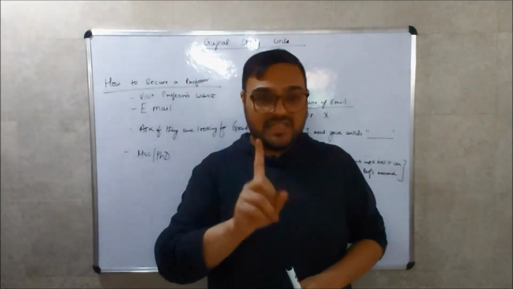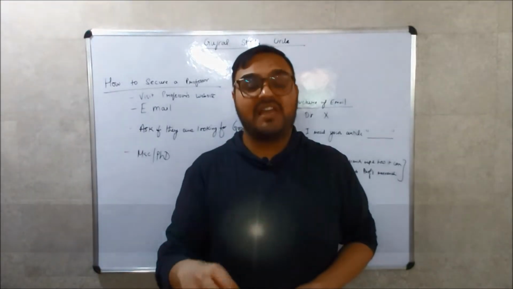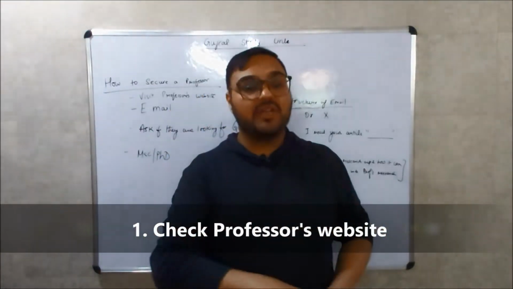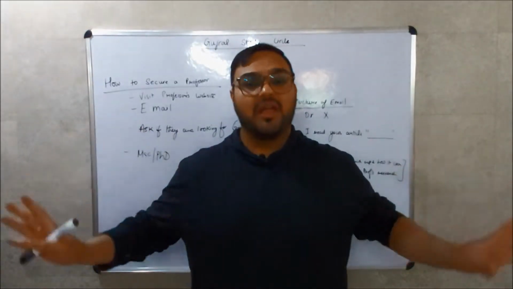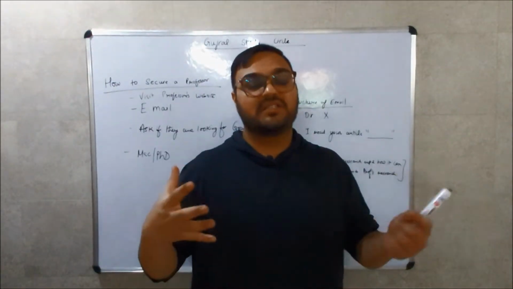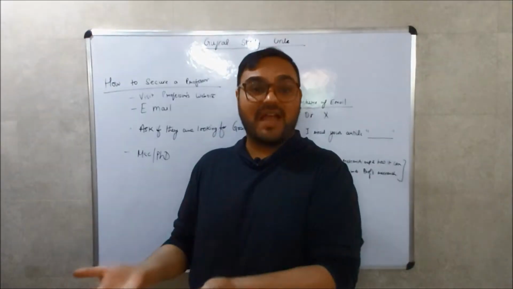So now, step number 1, visit the professor's profile and go through their research interests. Say for example, me, I'm a medicinal chemist, and there are so many universities in Canada where a professor might be working in a similar area, and I want to work with that professor.